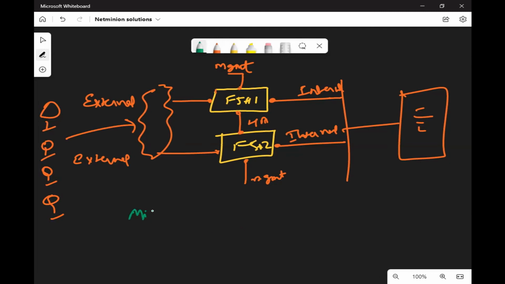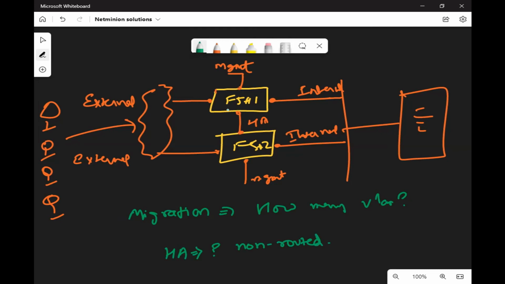Now, during the migration, you need to provide how many VLANs? HA VLAN, external, and internal. HA VLAN will be routed or non-routed? Non-routed.